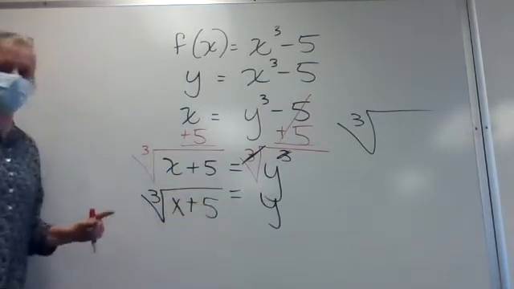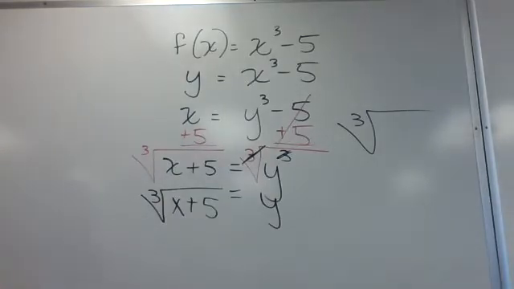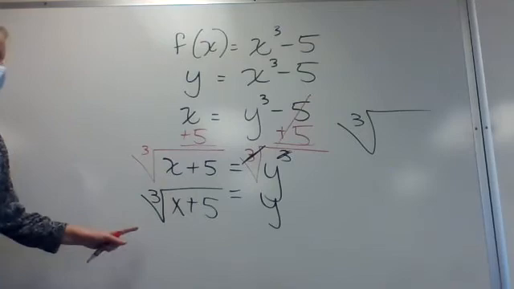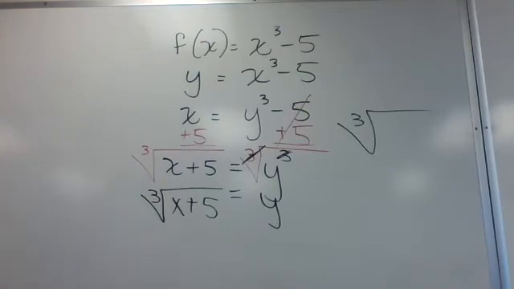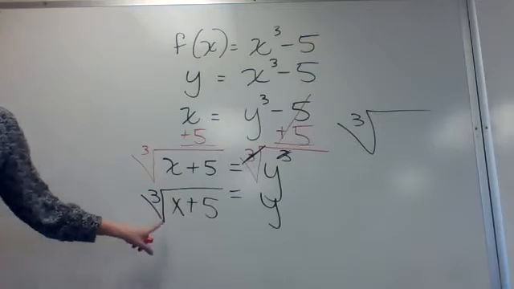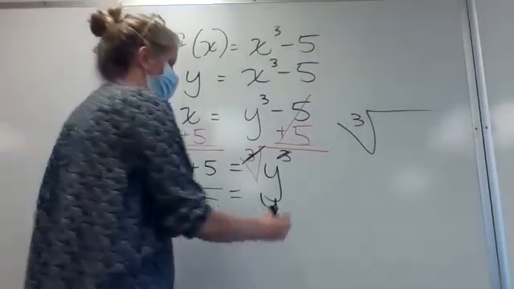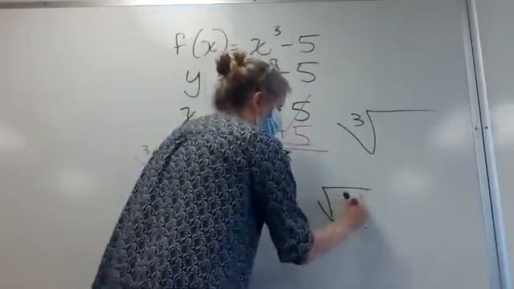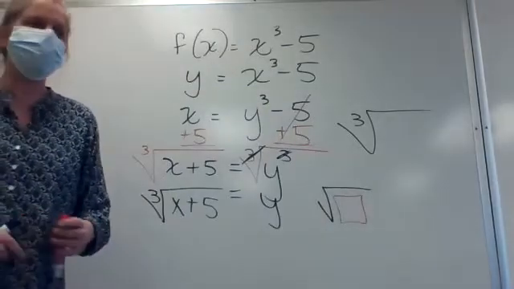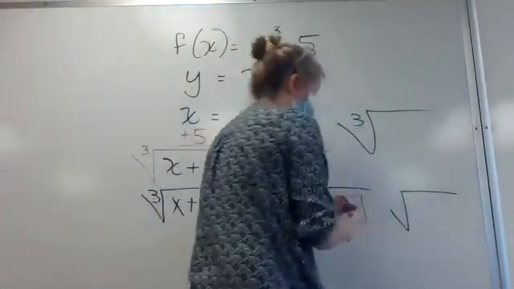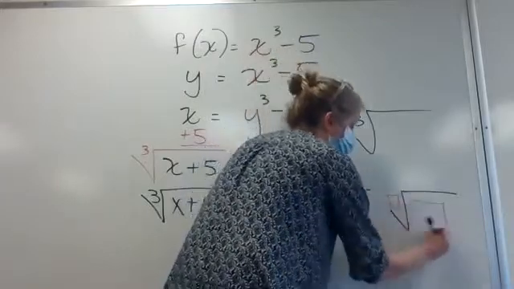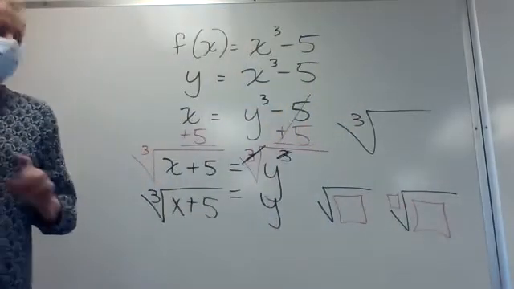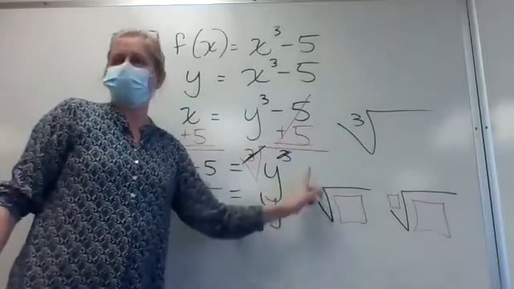Now, two things we need to talk about, because this one is multiple choice, and I want to explain why the answer is what it is. So how do I type this into MATLAB? Down in your toolbox, you're going to see two different kinds of radicals. You're going to see one that looks like this with only a spot there to put your answer. And you're going to see one right next to it that's got a spot here and here to put your answer. This one only works with square roots.